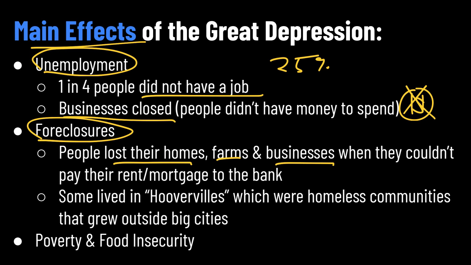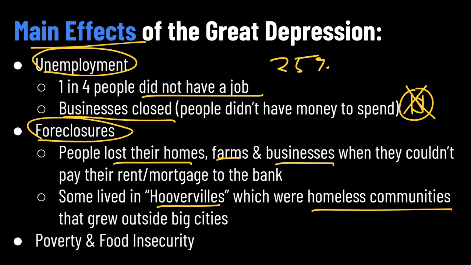And another effect, when people lost their homes, some of them had to move to what are called Hoovervilles, which we'll look at on the next slide. These are basically homeless communities that grew outside of these big cities. So people could not afford their house anymore, so they moved to basically shacks in the areas outside of the city.